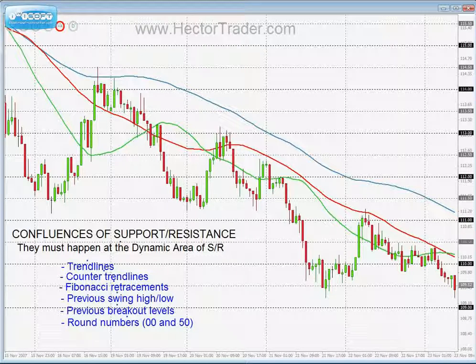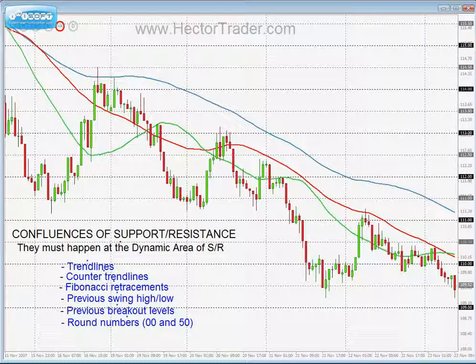Of course, there is much more to the system than just that. You've got to use proper money management, proper stop loss placement, proper profit taking levels, proper entry signals, etc. There are many more elements to my system, but for the time being, I don't want you guys to worry about all those elements.